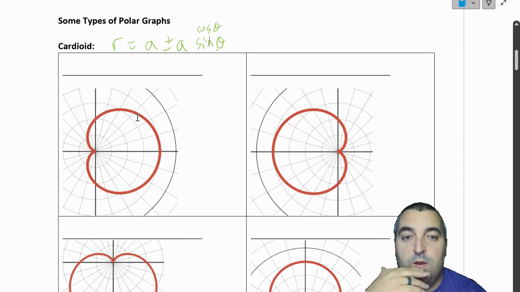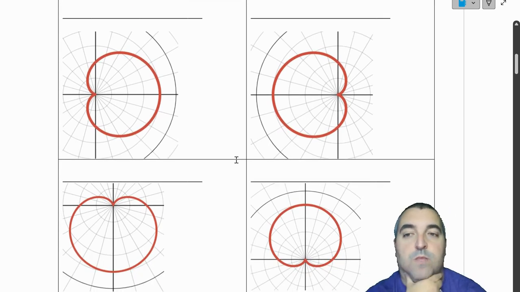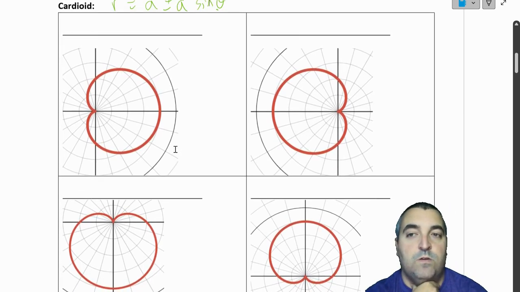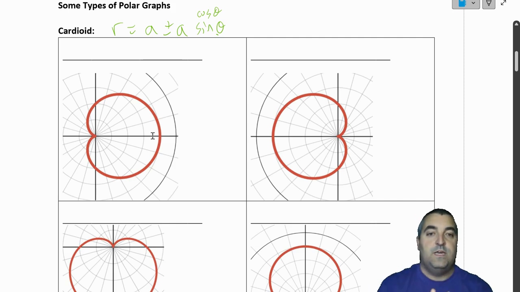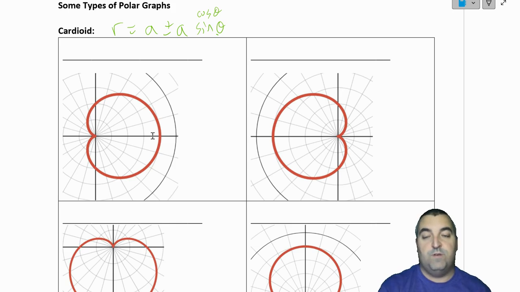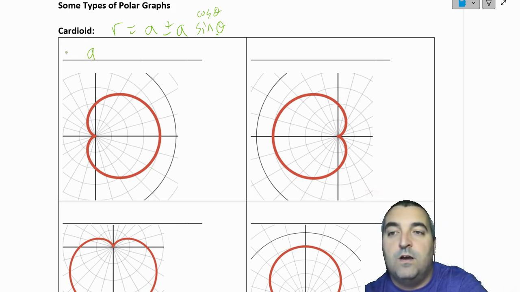So when we look at these, you'll notice they're all kind of just rotations of each other. What you want to think about here is if most of your cardioid is in the positive x direction, which is what we have in this first case, it's going to be r equals a plus a cosine theta.